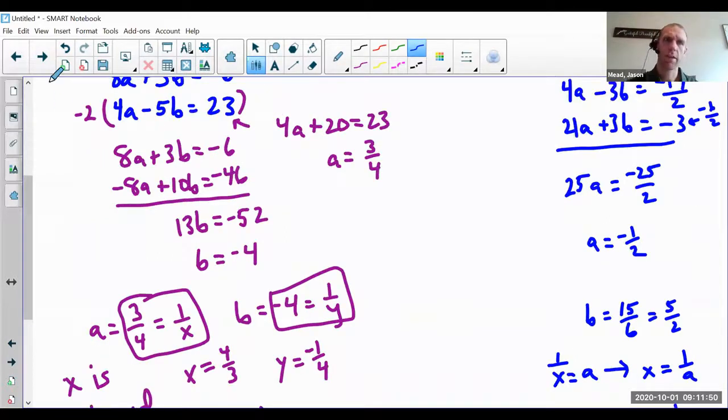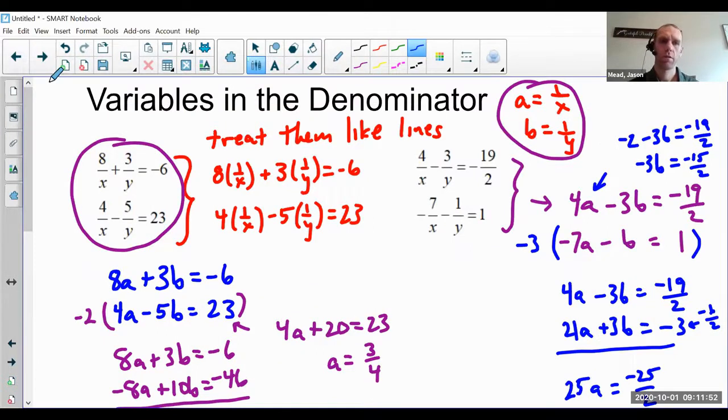All right, any questions on that? Okay. A student asks whether, no matter what problem we do, if we write the variables as A and B, they can equal it that way.